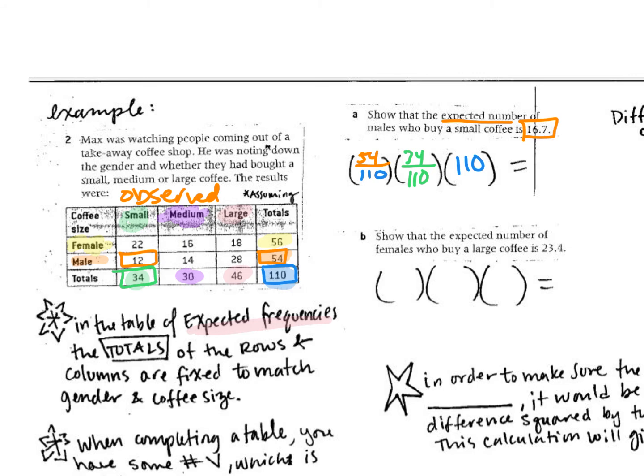You're going to run this in your calculator. One of those will cancel, so if that helps, so be it. When you calculate this all out, you in fact get 16.7. It's magic. So I'm finding the probability. This is the probability of small. This is the probability of a male.